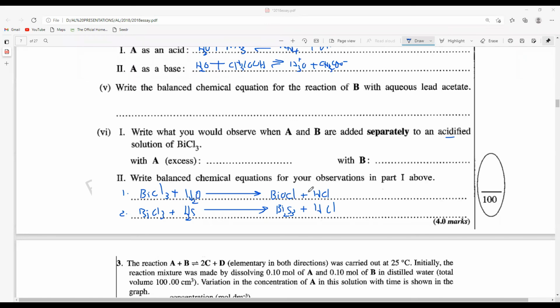Here you have to just put 2 here. So H and Cl is balanced, 3Cl, Bi, and oxygen is balanced. And here, so 2Bi, so I will put 2 here and 3S, so I can put here 3, and to balance hydrogen, I just need to put 6 here. So chlorine is also balanced. So this is a very simple balancing.